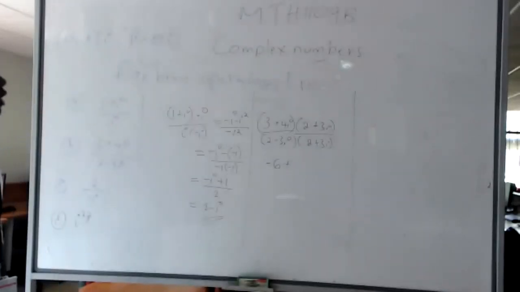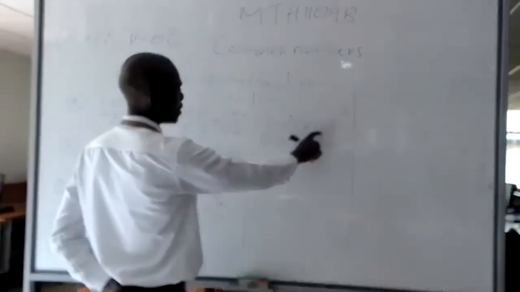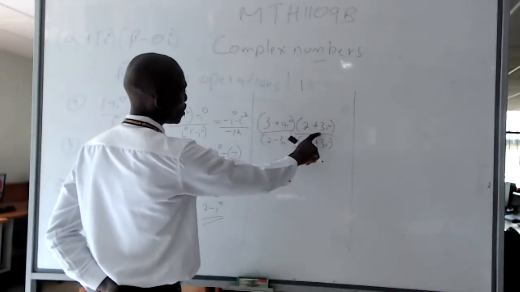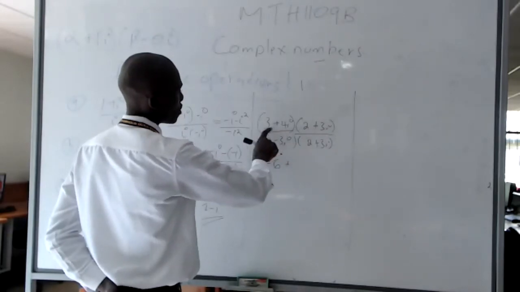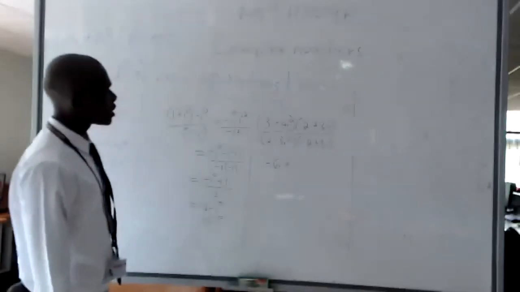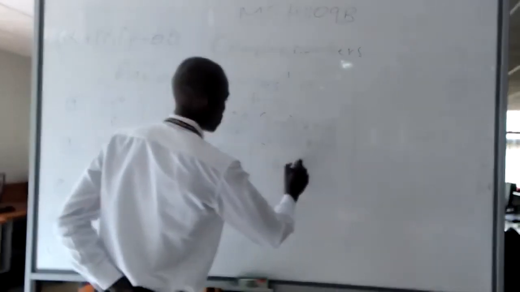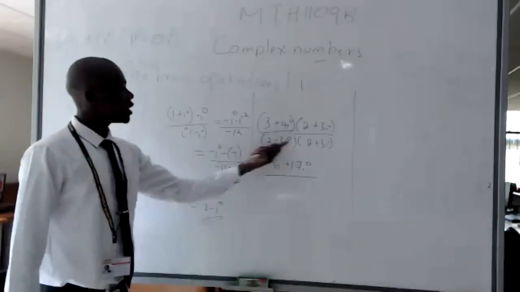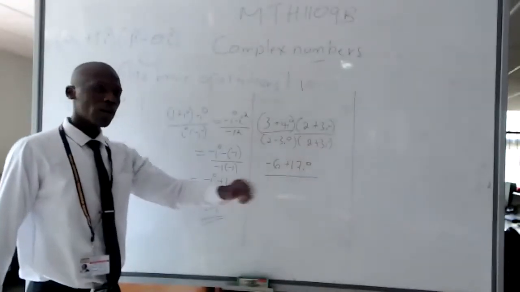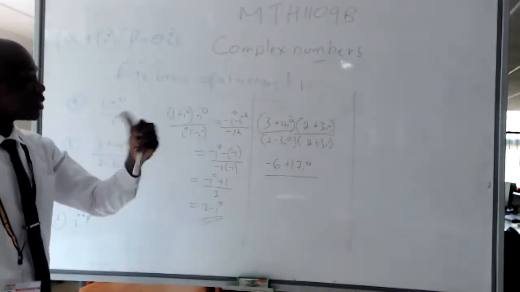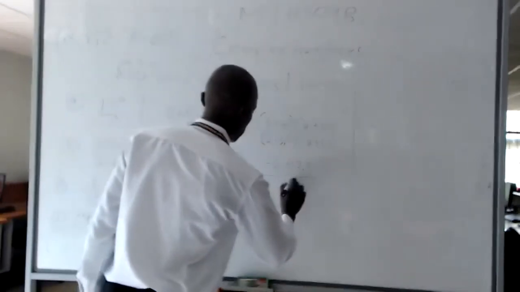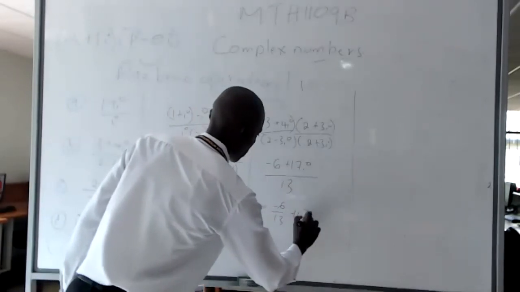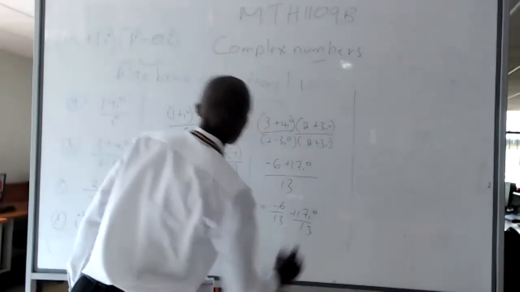The imaginary part would be 4 times 2 added to 3 times 3, so that's 8 plus 9, that's 17i. All this divided by, I know this is a number multiplied by its complex conjugate, take the absolute value squared. 2 squared is 4, 3 squared is 9, so this has to be 13. We have minus 6 over 13 plus 17i over 13.